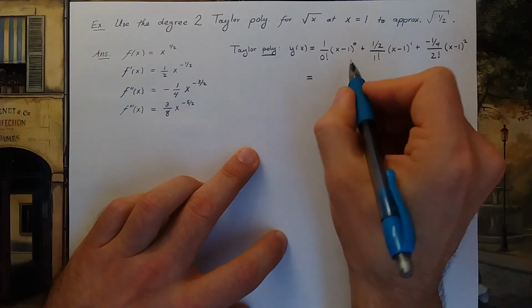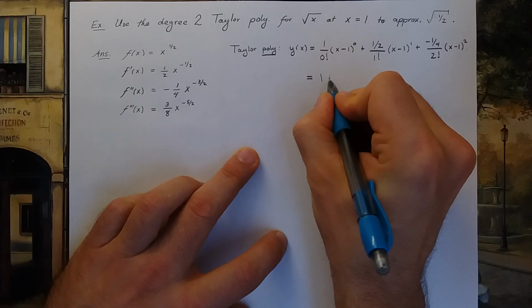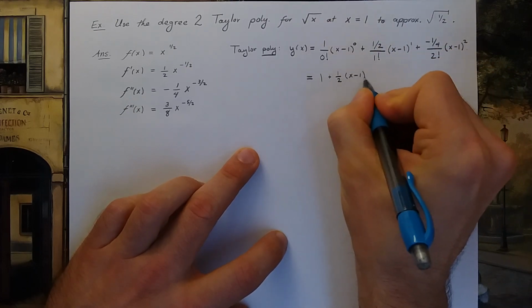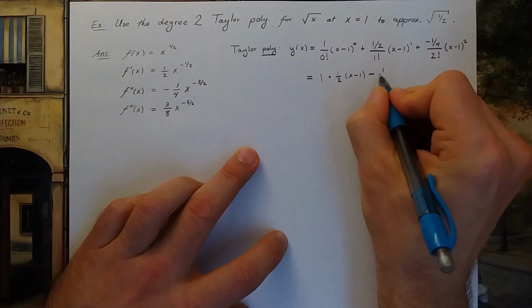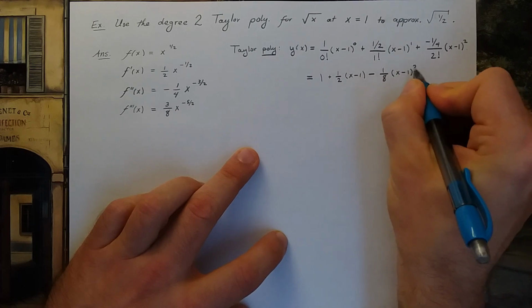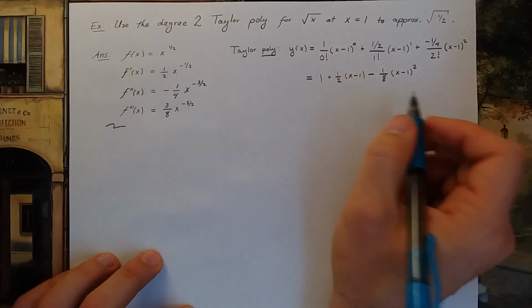It is 1, plus 1/2 times x minus 1, and then this, I think, will give me negative 1/8 x minus 1 squared. Okay, there's my Taylor polynomial.